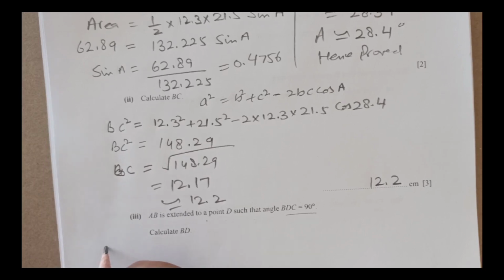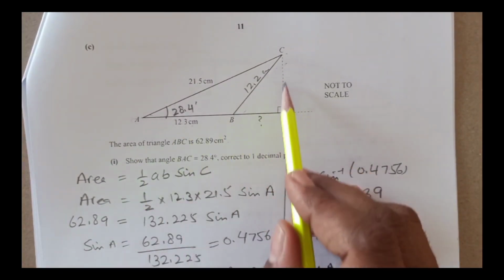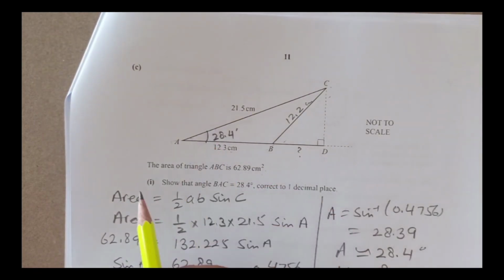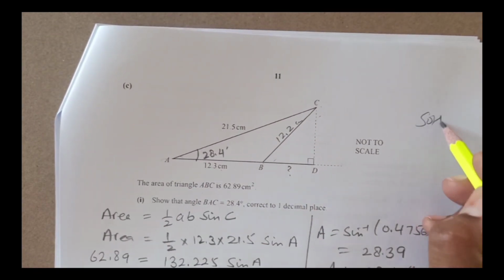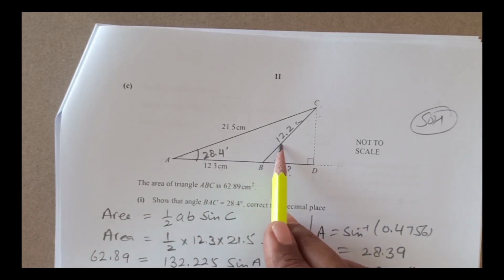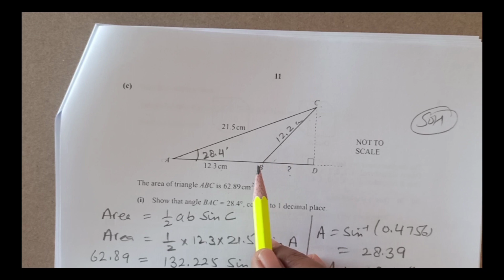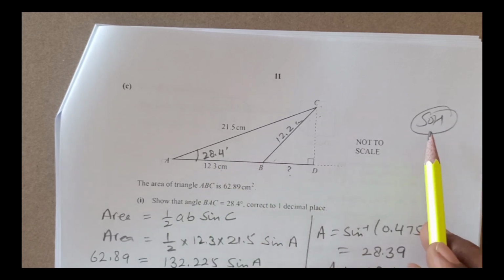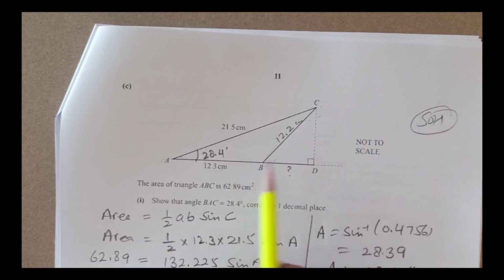So we can take triangle ADC. From this triangle ADC, we have sine of 28.4, using opposite over hypotenuse.